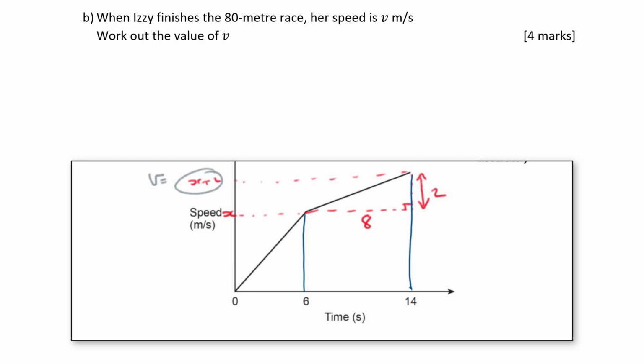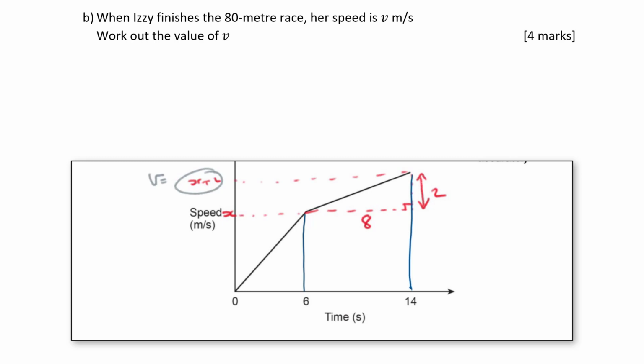Now, I know that the area under a speed-time graph is equal to the distance travelled. So if I can find the area under the graph, that might give me some clues about how to find v. Okay, so breaking up my graph into 2 distinct areas, I've got a triangle down here and a trapezium. Now let's say that the speed, we said was x, wasn't it?